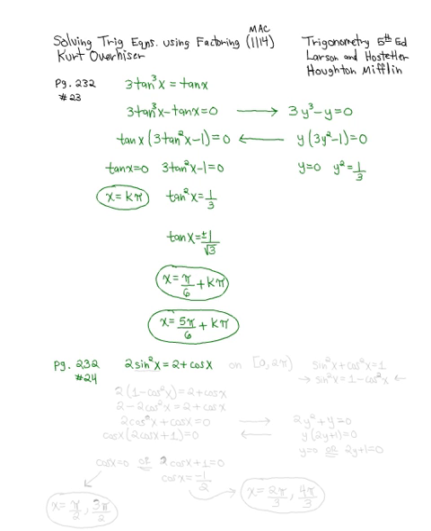You're supposed to solve 2 times the sine squared of x equals 2 plus cosine of x, and we're going to solve it on the closed interval from 0 to 2 pi.